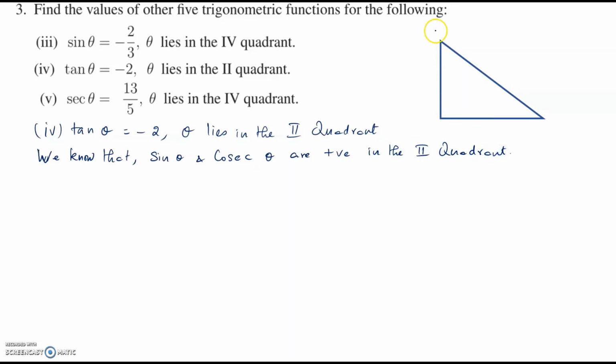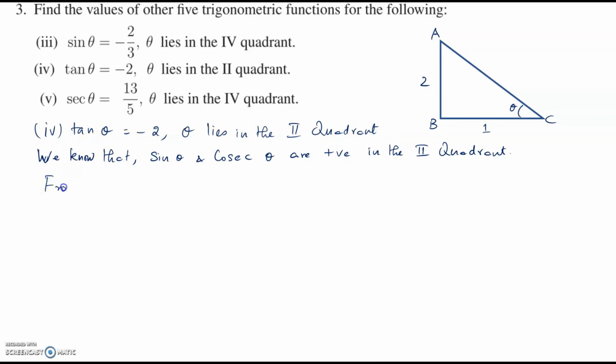Okay, so let's define now this triangle ABC. What is given to us is that tan theta is -2, so we can say that our opposite side is 2. This is theta here. Then 2/1, so adjacent side will be 1.